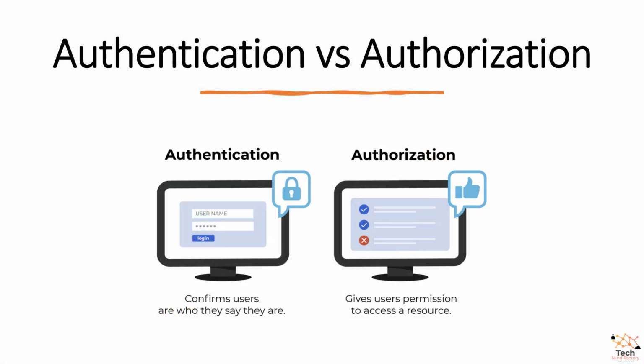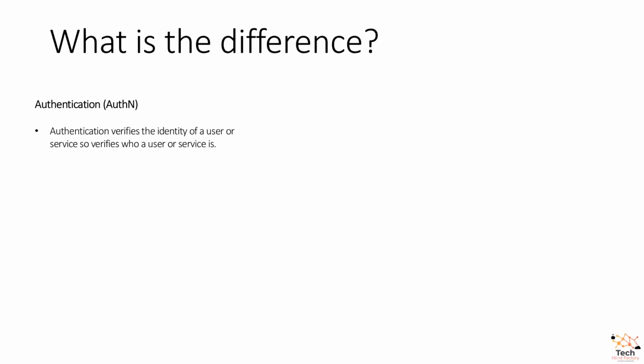Before we jump into details, I think it's worth talking about authentication and authorization, because in the end there is always some confusion. So let's clarify the difference between those two. Authentication verifies the identity of a user or a service, so it verifies who a user or service is.